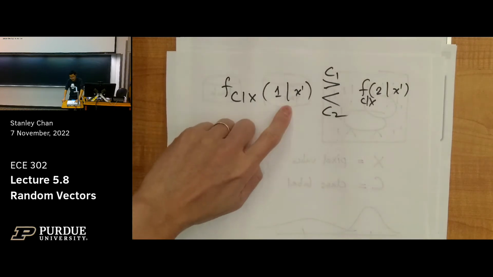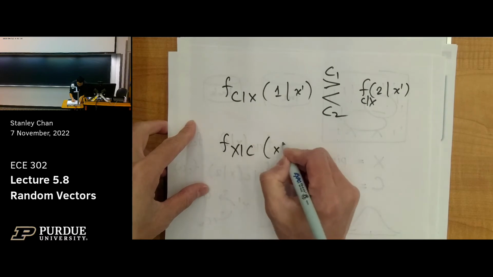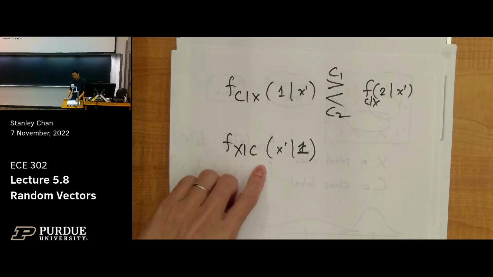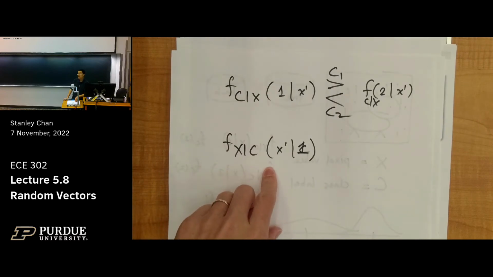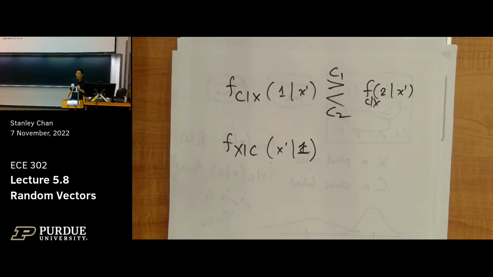The difference between this density function and this density function is that this is the conditional probability of x prime given that you're in class 1. Here is the other way around. Suppose that I have already seen this pixel. It has a value of something, something, right?